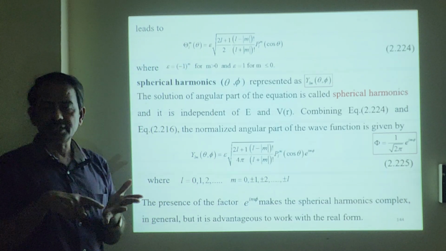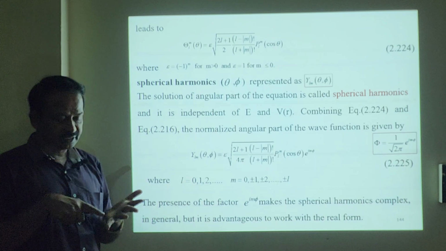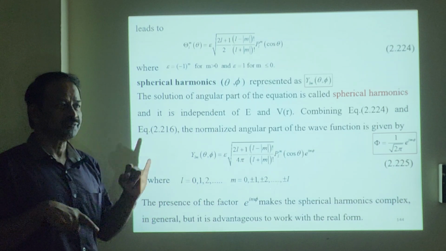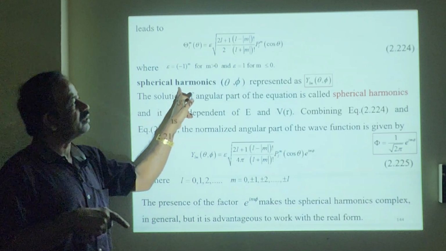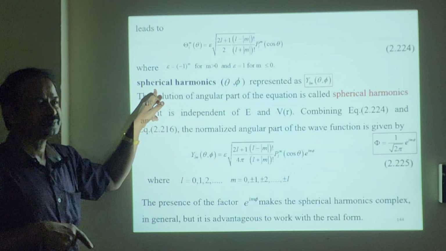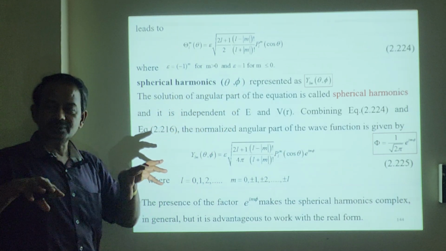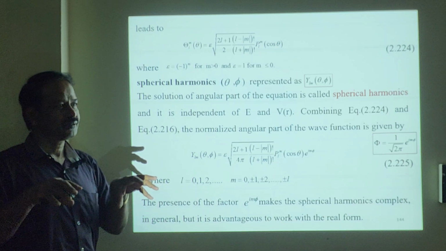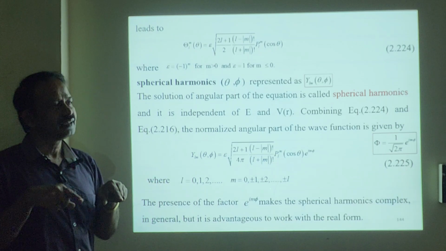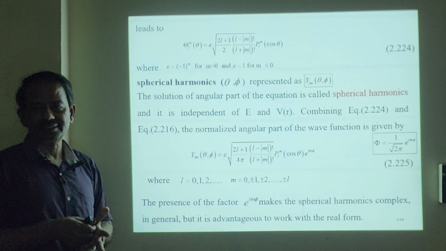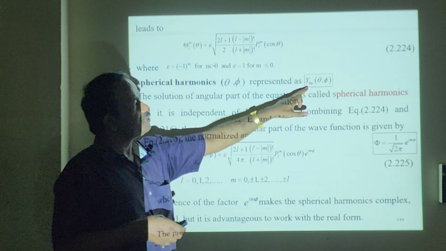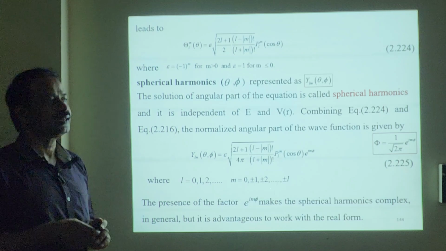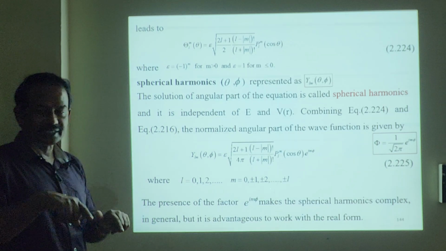Now we have already studied in this section theta and phi. For phi we derived the solution, and second is theta. Put together we call this spherical harmonics. That is the polar angle, and the other one is the azimuthal angle. This is the angular part of the complete wave function, which is denoted by this symbol Y_LM of theta comma phi.